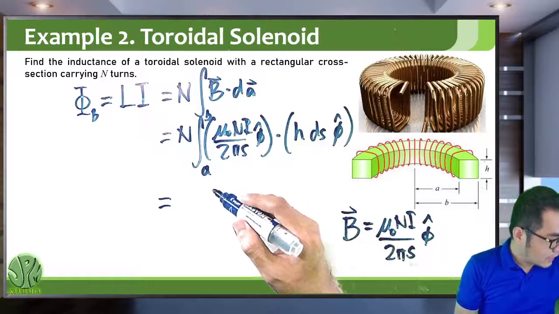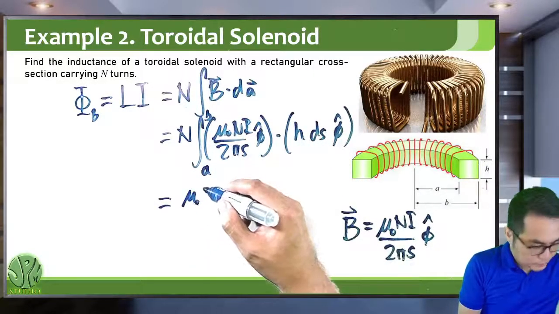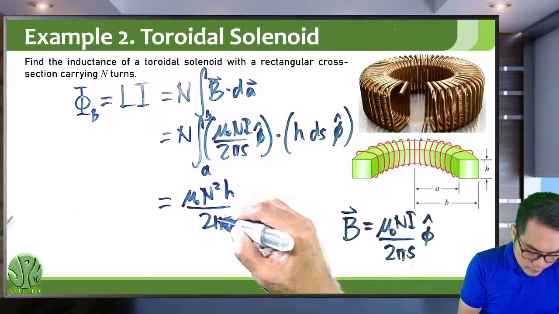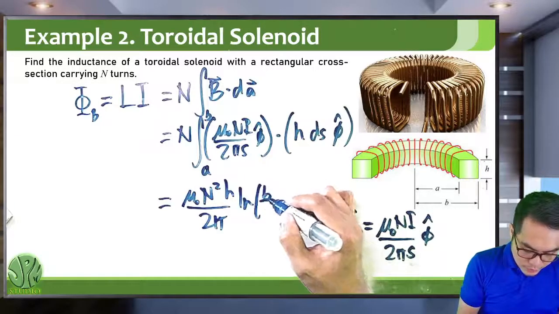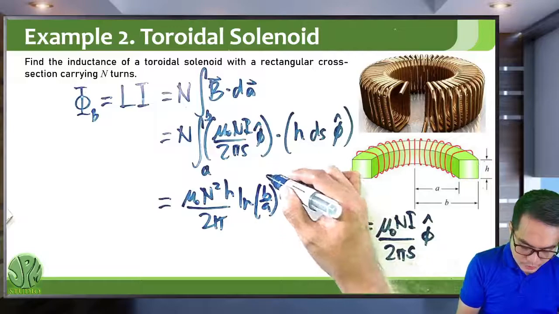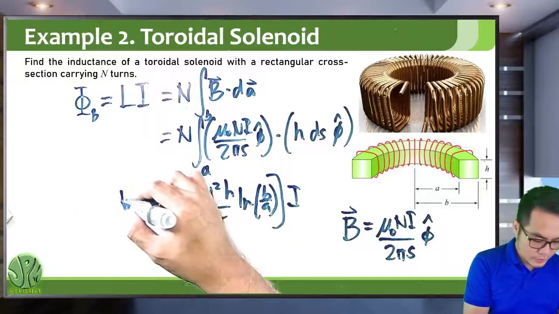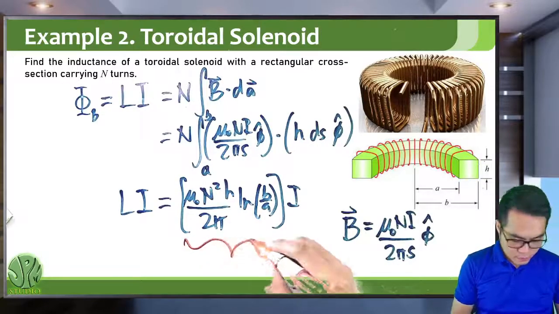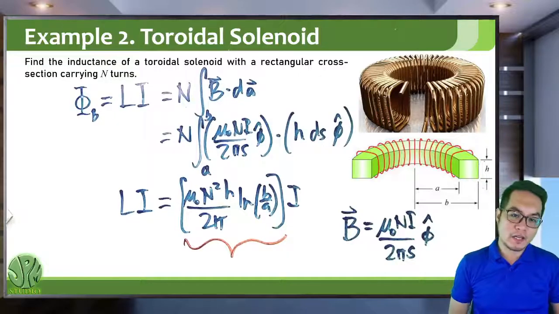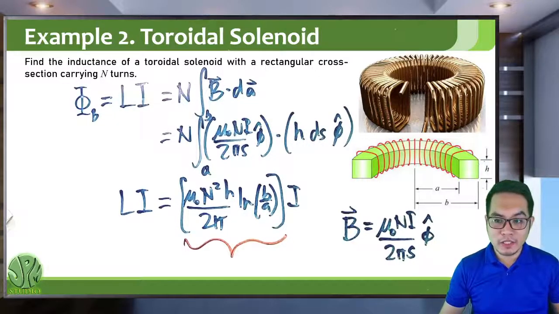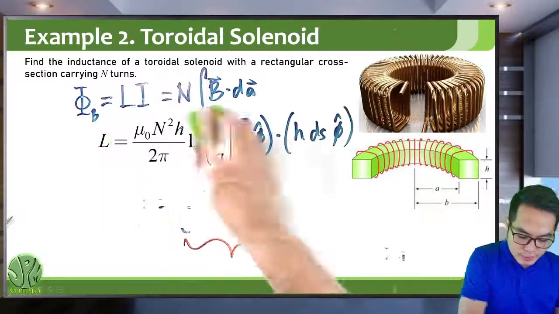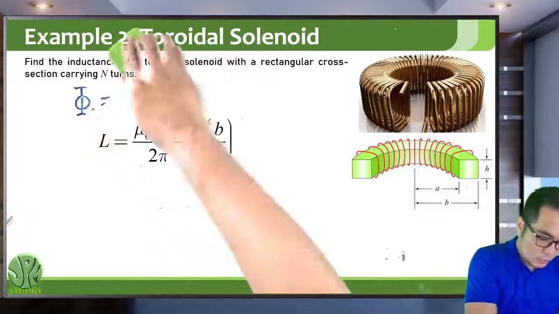So you will get a final value of mu naught N squared h over 2 pi ln of b over a, times I. This is equal to L times I, meaning this is the value of your inductance L. Similar to what we did in the mutual inductance example. So this is the inductance of this toroidal solenoid.